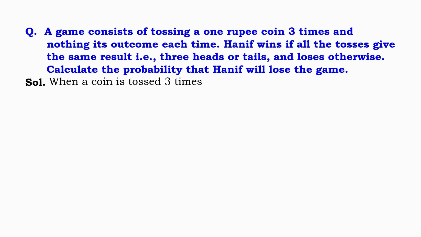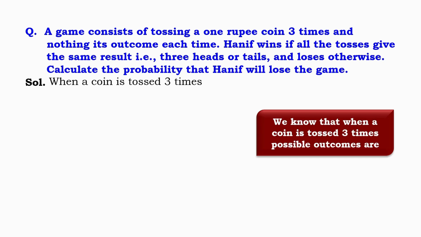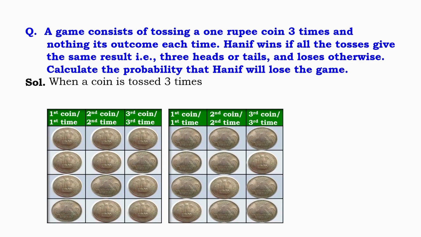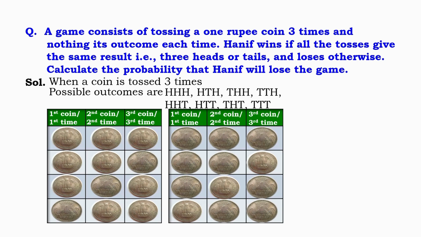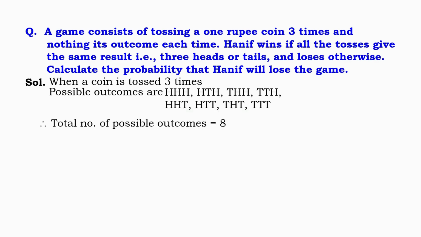We know that when a coin is tossed 3 times, the possible outcomes, which we have already seen earlier in my videos, are: HHH, HHT, HTH, THH, HTT, THT, TTH, and TTT. So there are 8 outcomes. So the total number of possible outcomes is equal to 8.